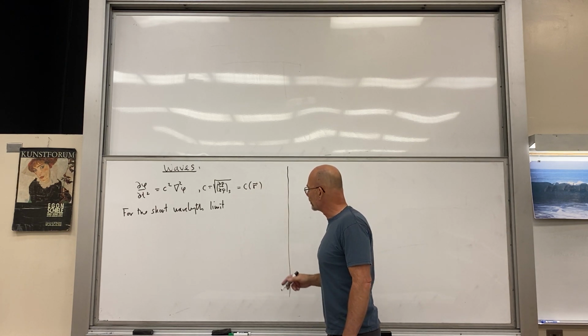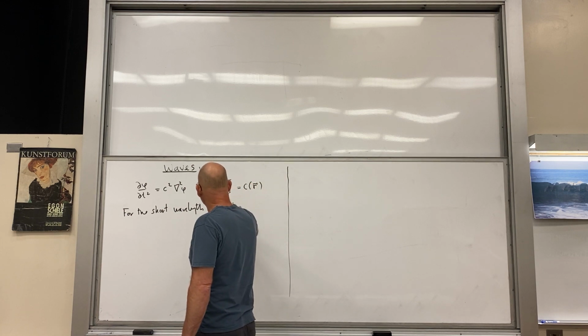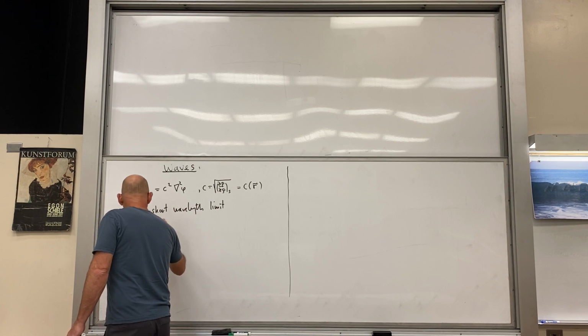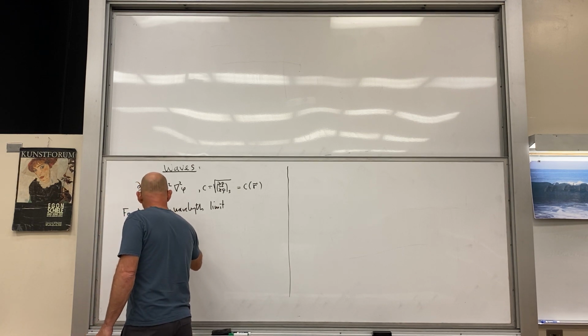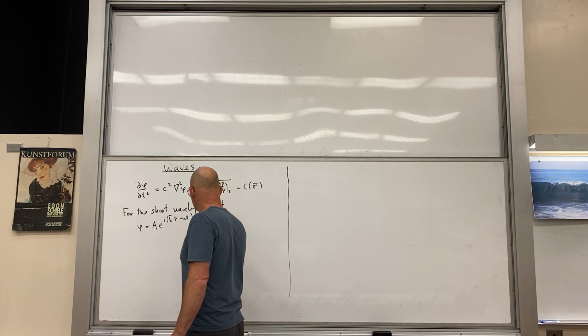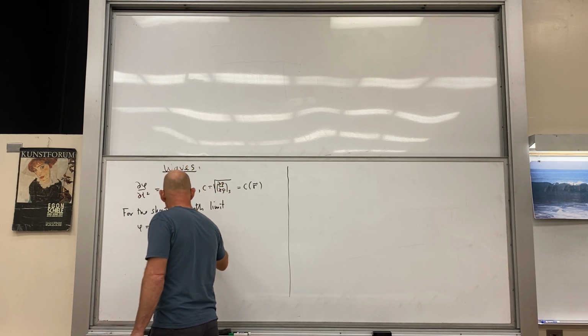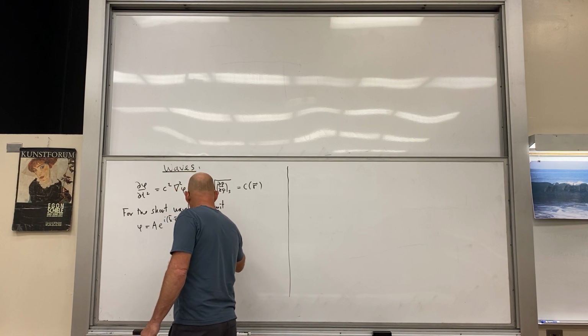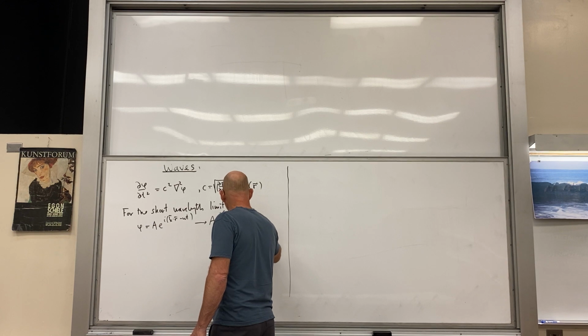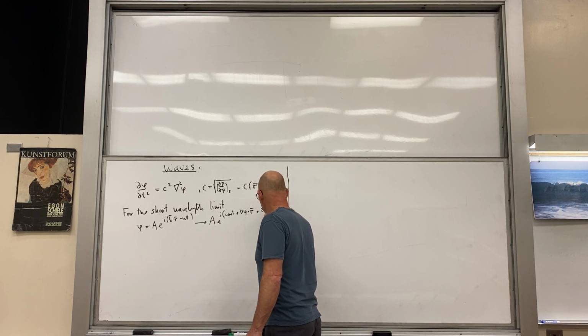So for that short wavelength limit, we take V equals A e to the i (k dot r minus omega t), which turns into A e to the i (constant plus gradient c dot r plus dc/dt times t).